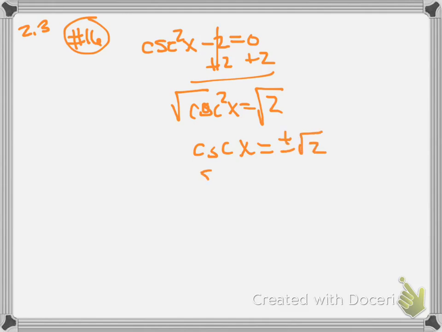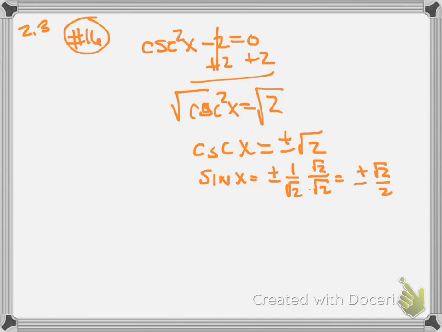So I hate the cosecant, so I'll use the sine. So the sine of x equals plus and minus 1 over the square root of 2, which after I rationalize that denominator, I get plus or minus the square root of 2 over 2.